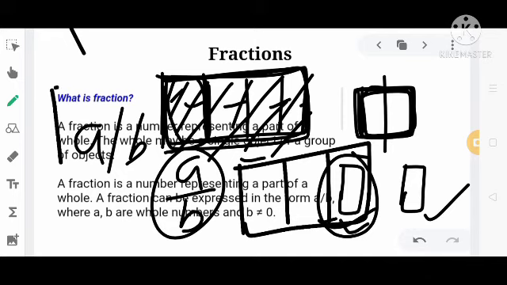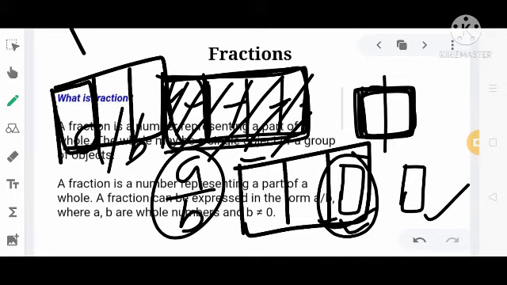This is your whole chocolate, cut into 3 equal parts. Then one individual part represents the fraction. The fraction represents the part of a whole.